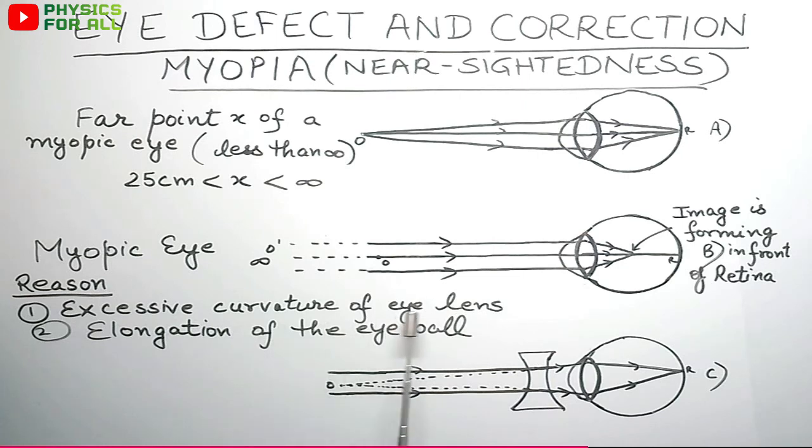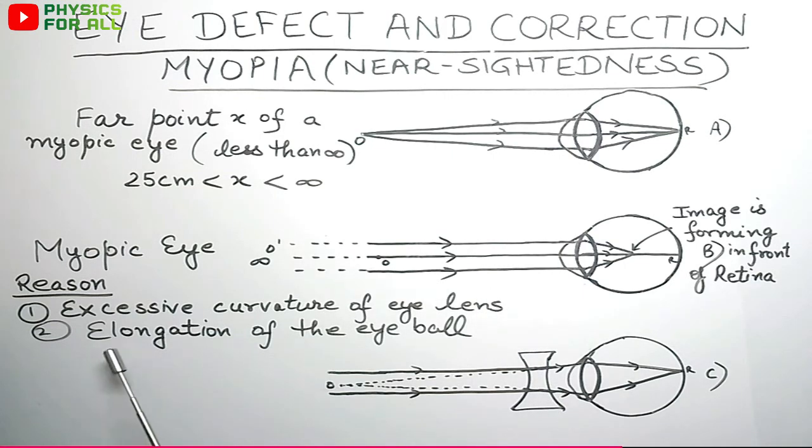Focal length is basically the distance between this lens and the retina for a normal eye, because a normal eye should always focus all the rays onto the retina. That is the focal length for a normal eye. But here its focal length is decreasing and that's why it is converging all the light rays in front of the retina. So one possible reason is this.